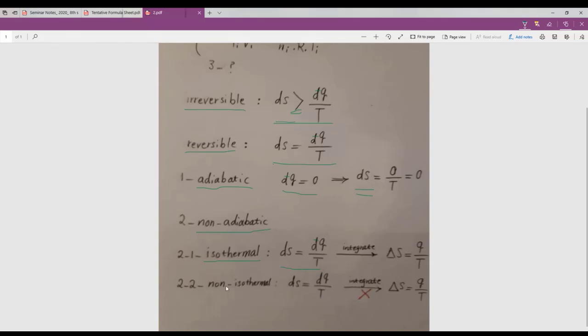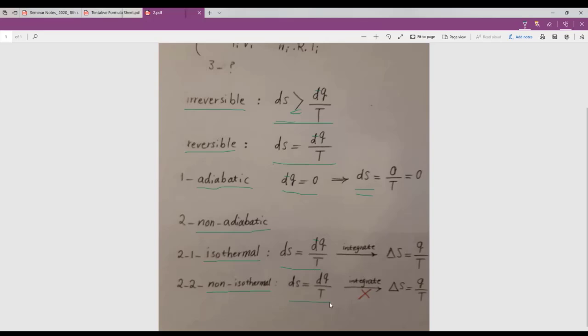In a non-isothermal process that is still reversible, so non-isothermal, non-adiabatic, but reversible, what does that mean? This means, for example, isobaric reversible, or isochoric reversible, or isenthalpic reversible, or isosteric reversible. These are the processes we're talking about here.